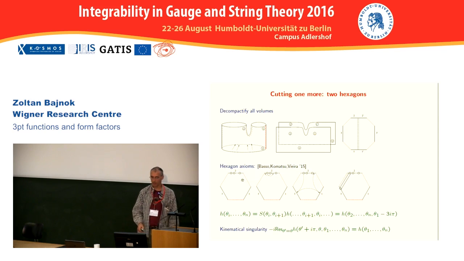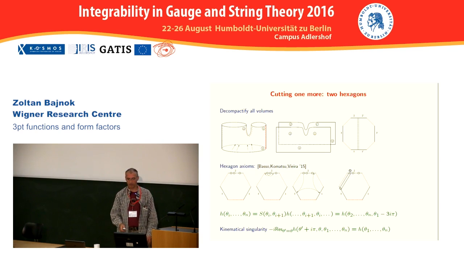So these are the hexagon axioms. And the singularity structure is that, similarly to the octagon, if one particle in string 2 has exactly the same momentum as another in string 3, you have a pole, and the residue of the pole is a hexagon which contains two particles less.